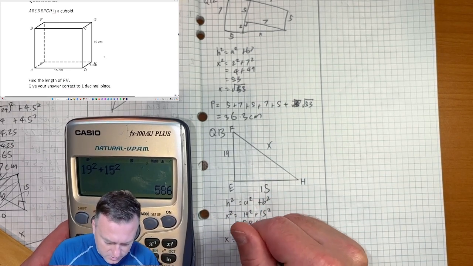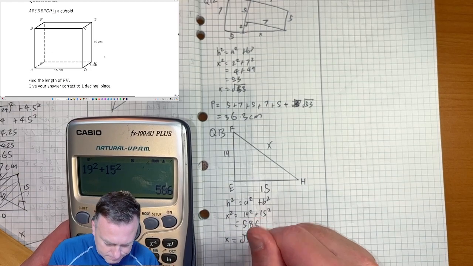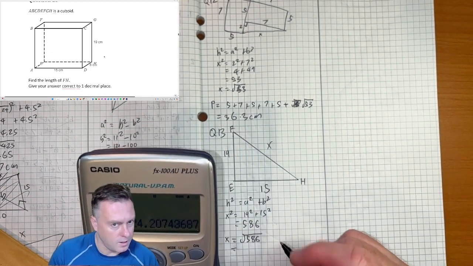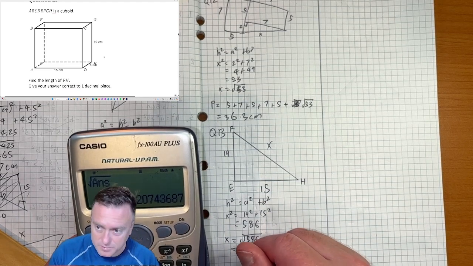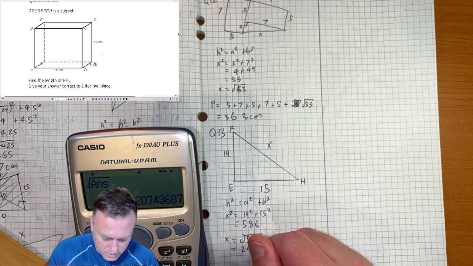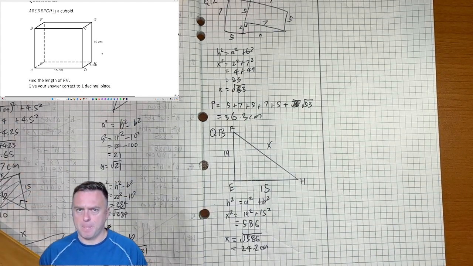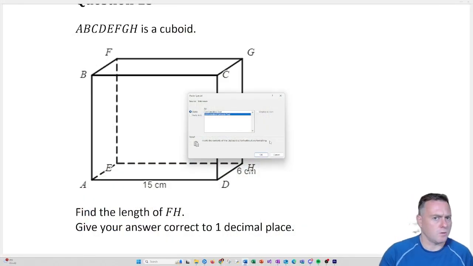Then x equals the square root of 586. And to one decimal place, that's going to give us 24.2 centimeters. Cool.